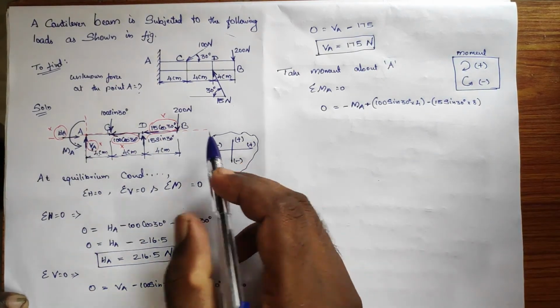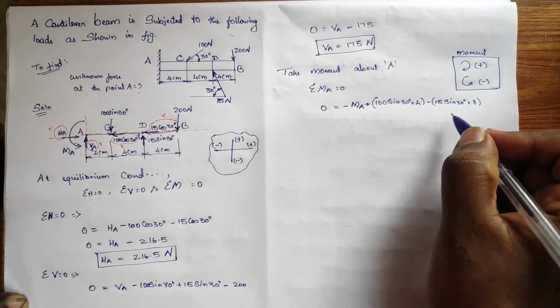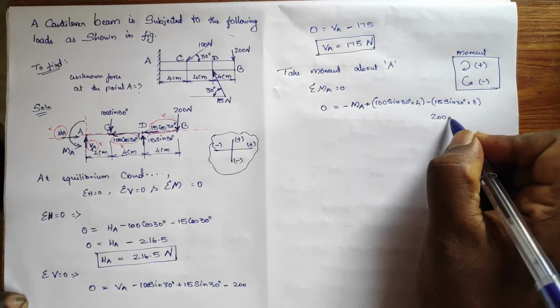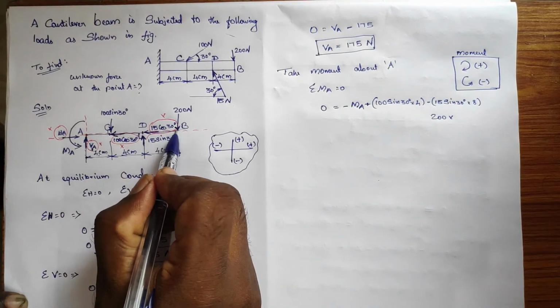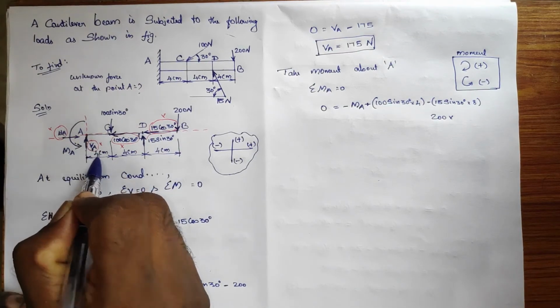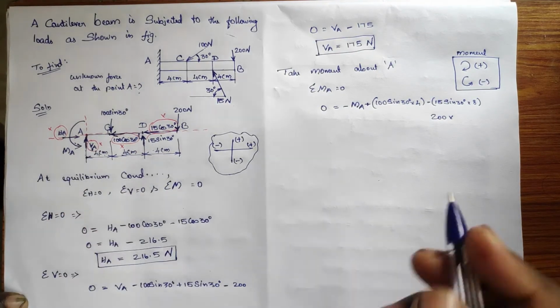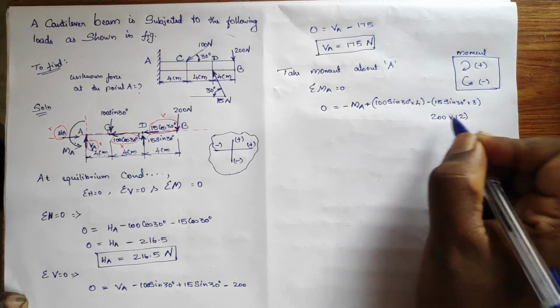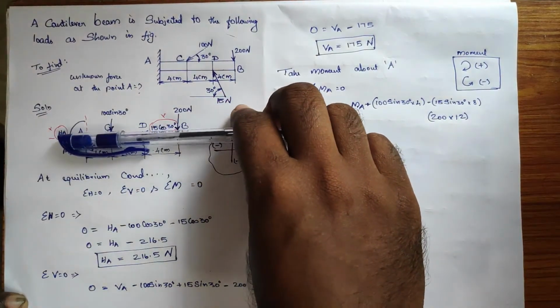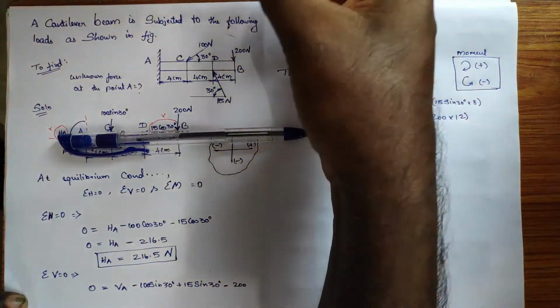And any other force? Yes, 200 Newton is there, into its perpendicular distance from this end to this end, so 4 plus 4 plus 4, we get 12. What about the sign? How does it rotate, clockwise or anti-clockwise?